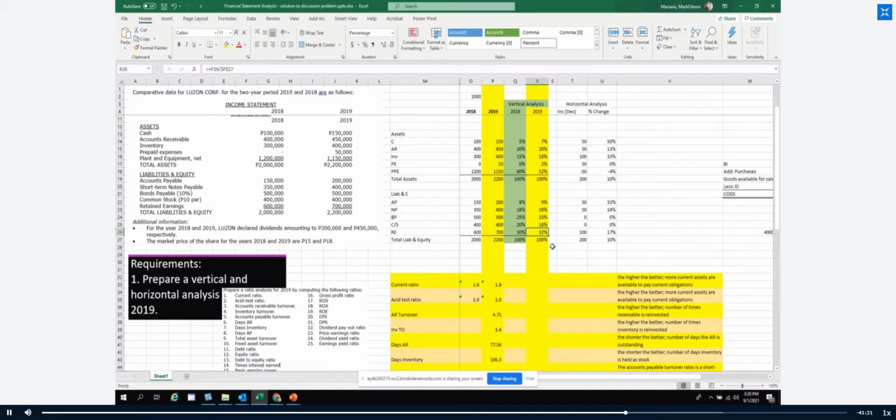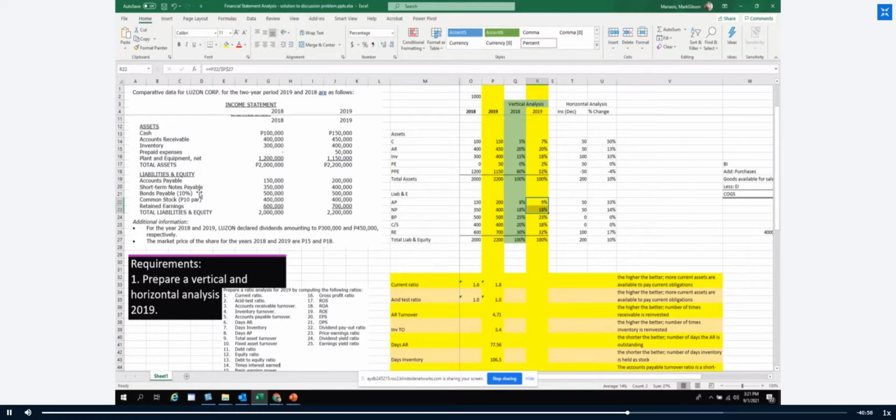Class, what if the question is what is the percentage of your total current liabilities to total liabilities and equity? So the answer is, of course, these two, 27%. Your accounts payable and your short-term notes payable, these are your current liabilities.